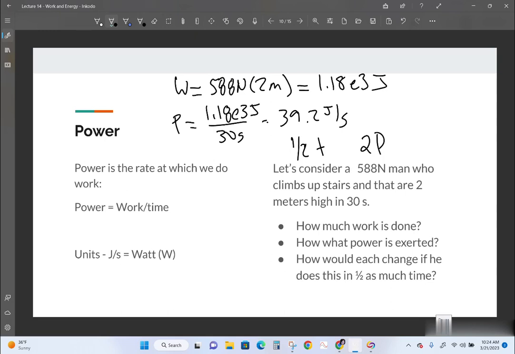Well, the same amount of work, but in half the time, means that the power rating would be 78.4 joules per second. So if you have to do it in a shorter amount of time, you're going to have to convert more joules every second to get that same amount of work done.